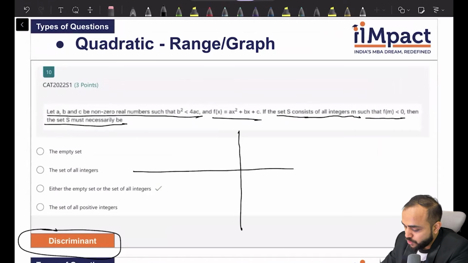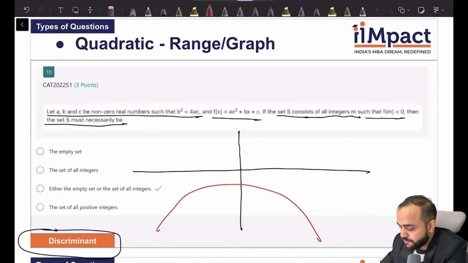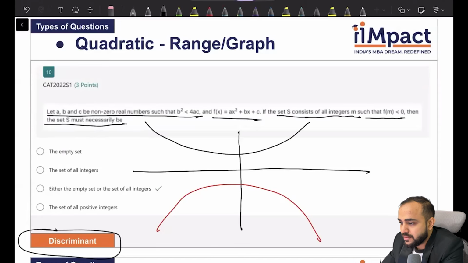Now, this is a good question because it tests a lot of concepts. You can either have this as your graph, or you can have this as your graph. Correct? Both of these are possible because they have not commented on the sign of a. Right?